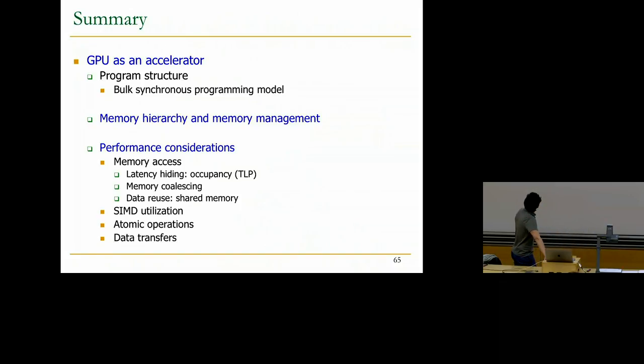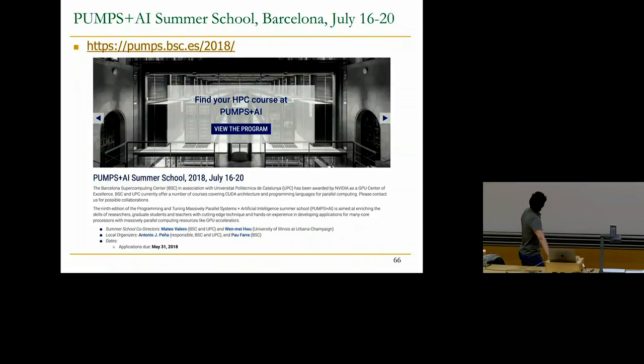But if you also want to have fun, maybe you can take a look at this course in Barcelona in July that will be taught by probably the best professor for these matters in the world, Professor Wenmei Hu. You already know him. This is the PAMS, and actually this year it is also focused on artificial intelligence and deep neural networks. So you can take a look at this, maybe not for this year, maybe for later editions.